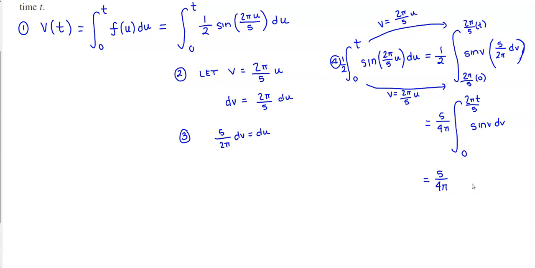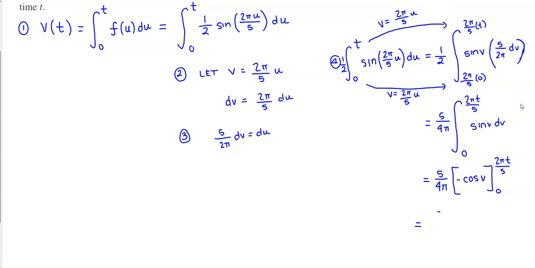So now what is the antiderivative of sine of v? We know that the antiderivative is negative cosine of v. So we have negative cosine of v going from 0 to 2 pi t over 5. Now let's go ahead and substitute.